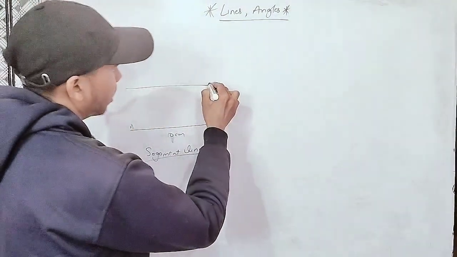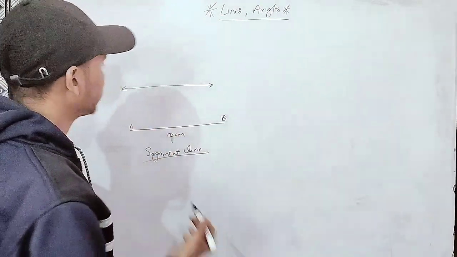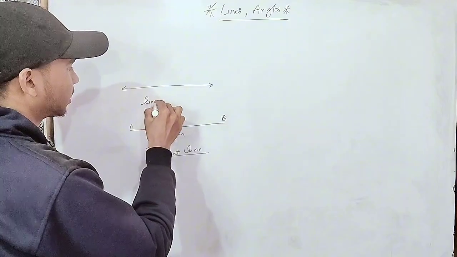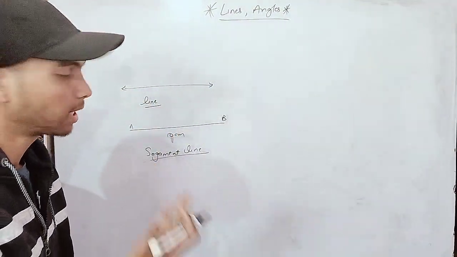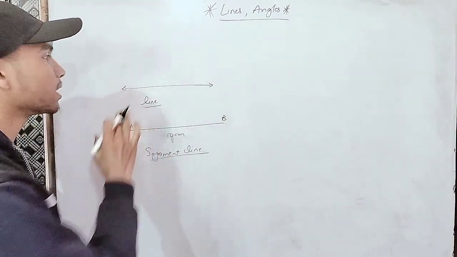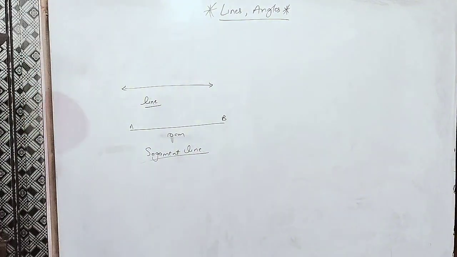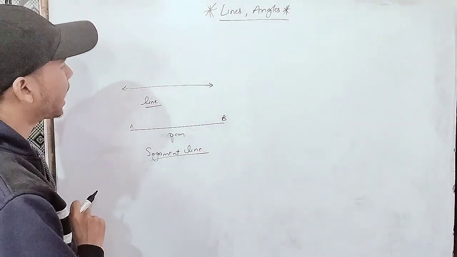But this line with arrows will be named simply a line. This is a line, but this is a segment line. The name of this line is segment line, but the name of this line is line.